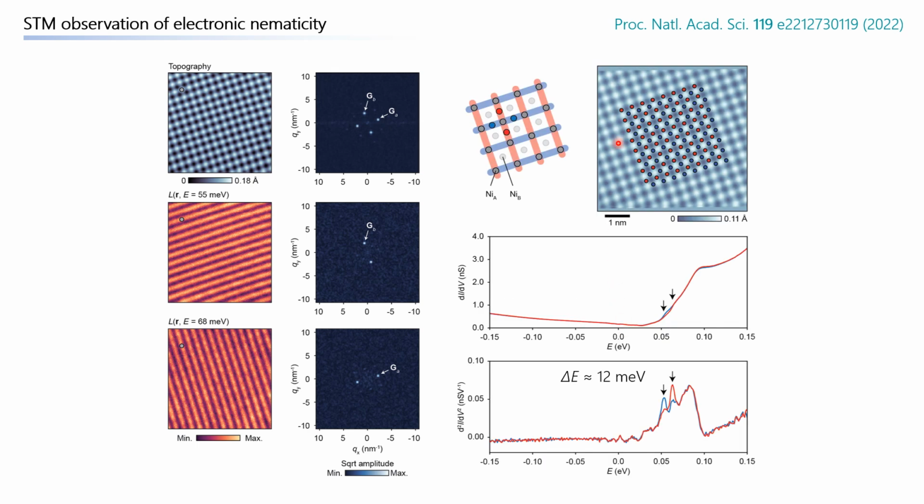And given such a bond order nematic pattern, we can do a suitable sampling of the density of states in real space that allows us to disaggregate the energy resolved spectra in such a way that we can distinguish spectral features, each of which correspond to one of these striped patterns. And we see that those spectral features appear to have a splitting of 12 millielectron volts between them. So this feature will be explained hopefully by the end of this talk.